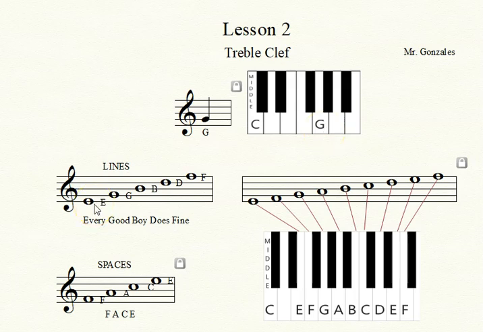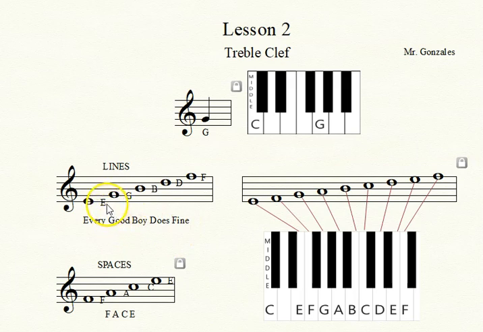In the treble clef staff, the names of the notes on the lines from bottom to top are E, G, B, D, and F. We can help remember their positions by using this sentence: Every good boy does fine.